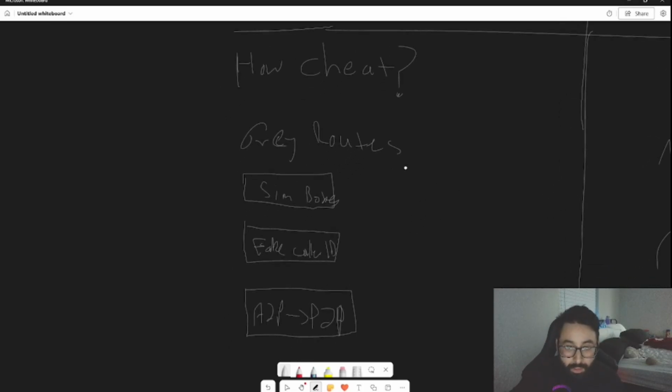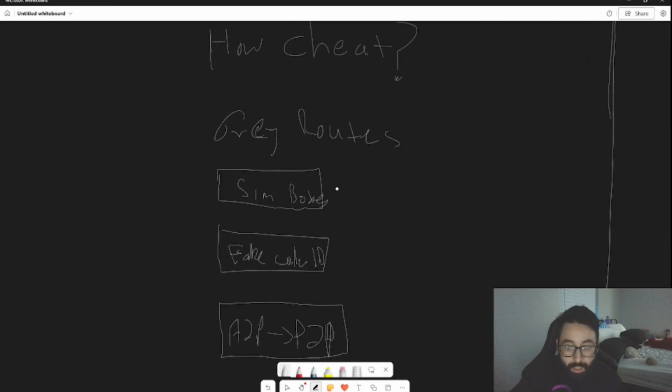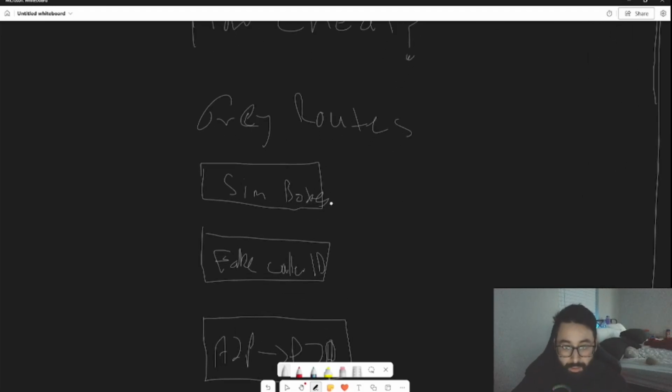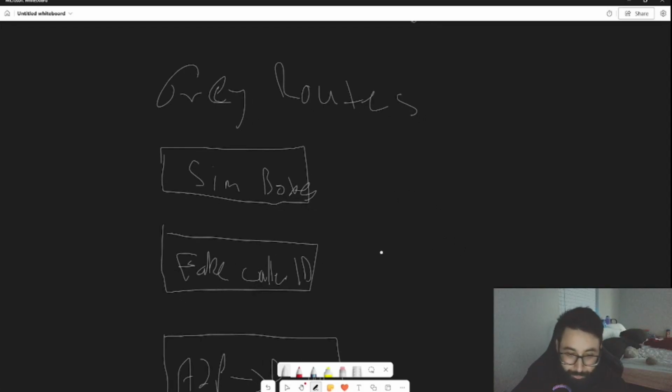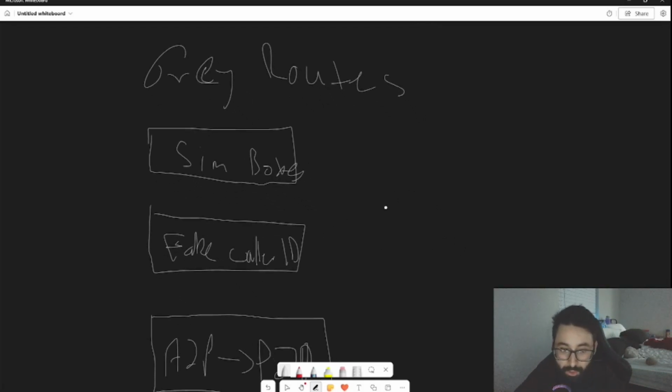So let's discuss how they cheat. They use things like SIM boxes, where you use hundreds of SIM cards in one machine to make messages that seem like they come from normal phones, but they really don't. They use things like fake caller ID, so they change their caller ID so that it looks local instead of international.